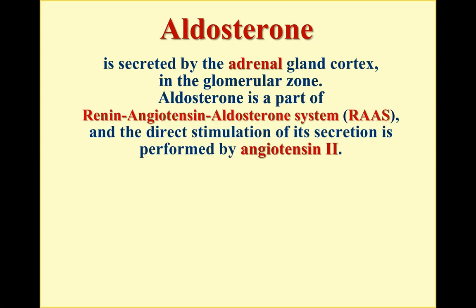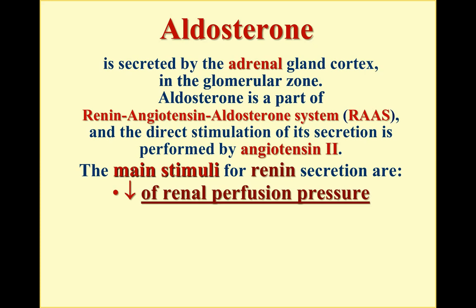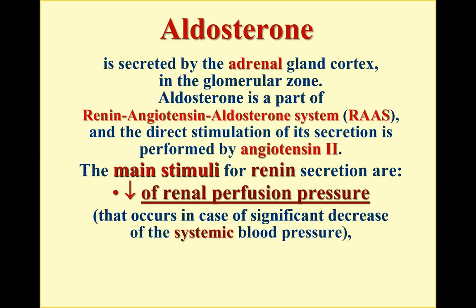But generally the whole system becomes activated when renin secretion increases. And for renin secretion, the main stimuli are the following: decrease of renal perfusion pressure. In other words, you may simply say a decrease of renal blood supply. We studied that kidneys are able to maintain normal blood supply within wide limits of changes of the systemic pressure. So, a real decrease of renal blood supply can occur only when the decrease of the systemic blood pressure is significant.